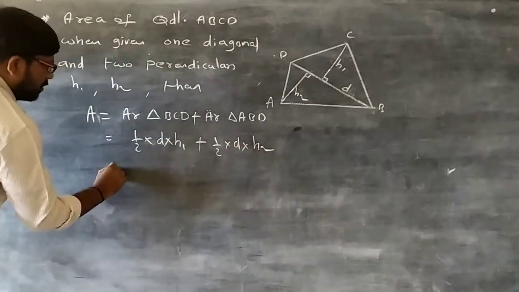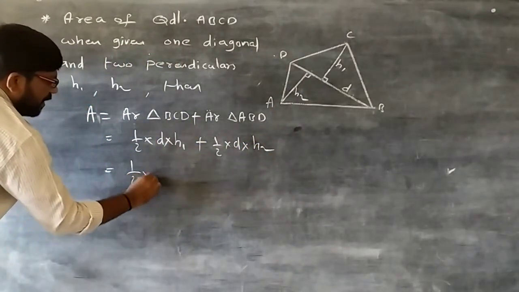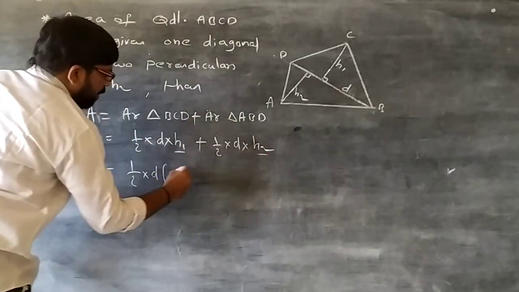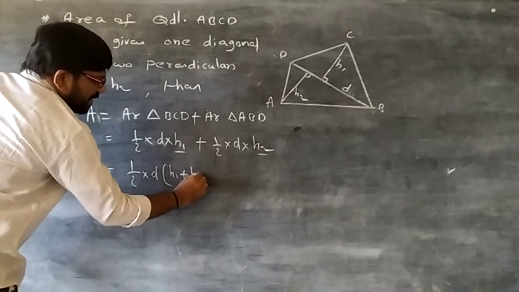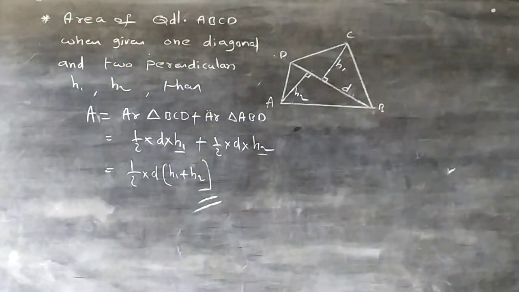So in both, take half into D common, and H1 plus H2 remains. So this is the area of quadrilateral formula.